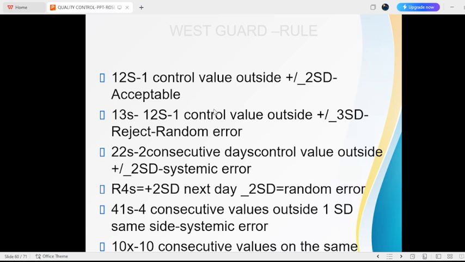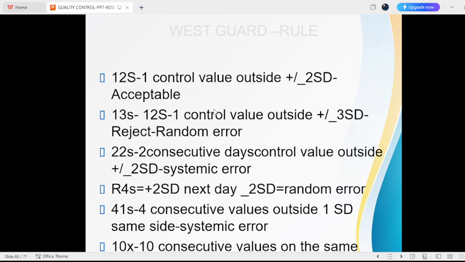Next is the second rule, the 1 3s rule. That is one control value outside of plus or minus 3SD. It is definitely a rejection criterion, and this is because of random error. We already discussed how to resolve random error in the previous slide.